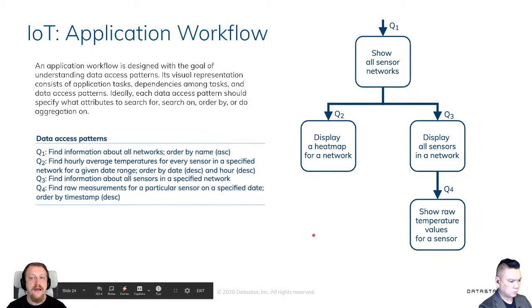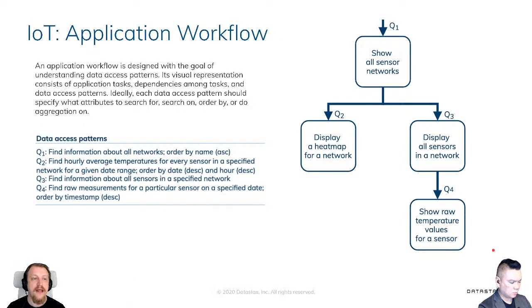When we start to think of the application workflow, what is it? These are the actions we are going to do with our data. First we think of what we are going to do with this data in general, and how we are going to access it. What would the workflow be step by step?